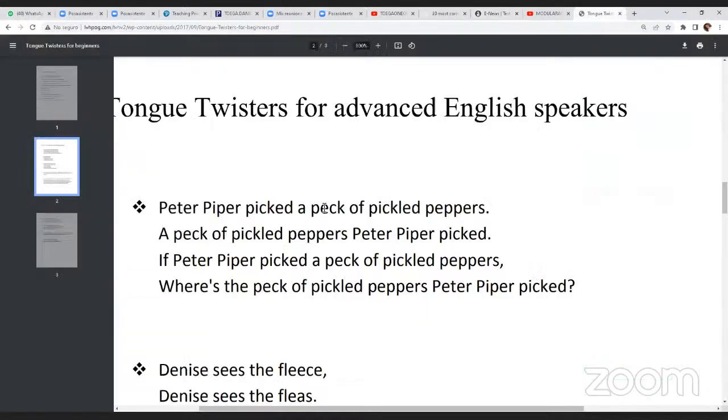So now we're going to practice a tongue twister, right? In order to improve our pronunciation. I remember, well, this is my first tongue twister that I learned. When I used to be the assistant of my professor at the university, we learned this one. And it was a difficult one, but I learned it, right? And it's very beautiful.